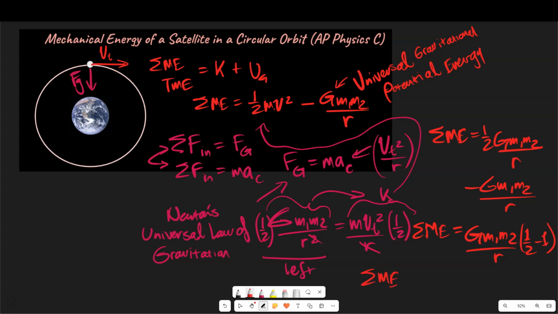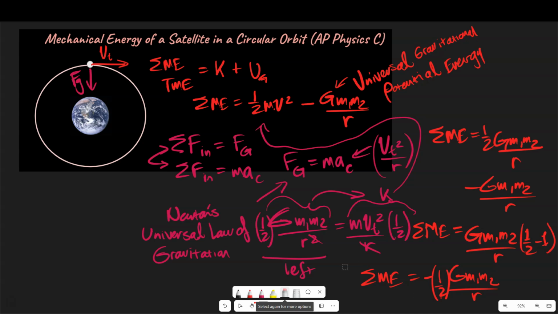We can say the sum of the mechanical energy is equal to a -1/2 G m1 m2 over r. And that's what we have. I could combine the two down here if I wanted to, and erase this out in front. But that's what we have, or you can draw it out just to kind of make it clear what we're dealing with. Actually, either way is going to be fine, whatever you prefer.